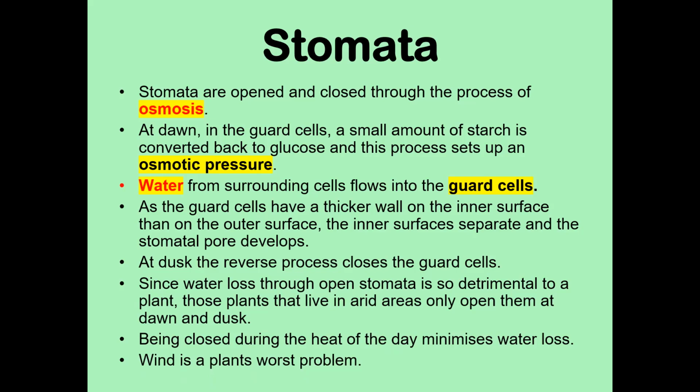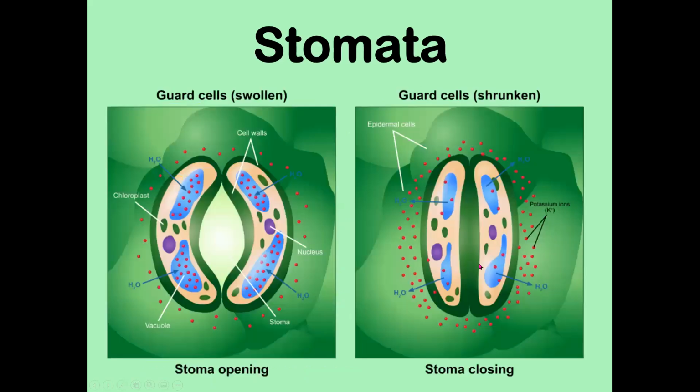And under most conditions, the worst problem a plant has is wind. When the wind blows, it actually moves the water away from the leaf. And it just loses a lot of water through the wind. It really is terrible. Here's a diagram. The inside surface here is thicker than the outer surface. So this is a guard cell.